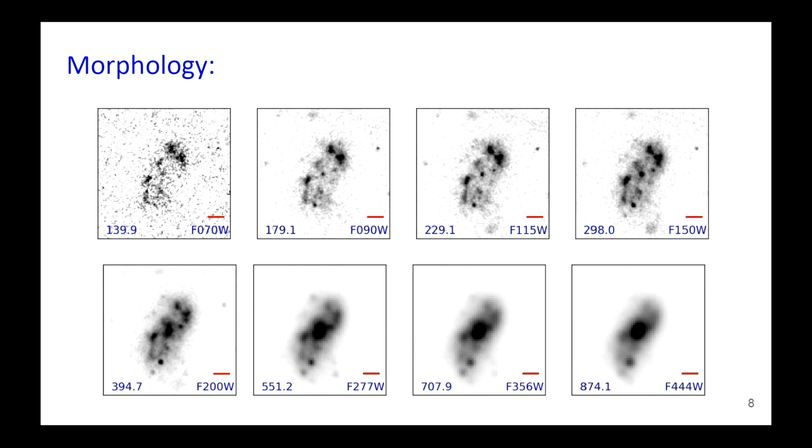You can see that as we go towards the shorter wavelength filters, our galaxy becomes fragmented and almost invisible, which is why HST was not able to see it. When we go to the longer wavelength filters, the arms are continuous, and there is one satellite galaxy also, which might be the reason for the formation of spiral arms in this galaxy.